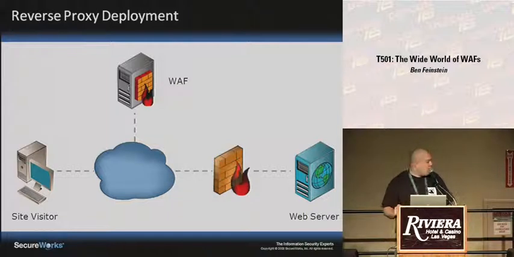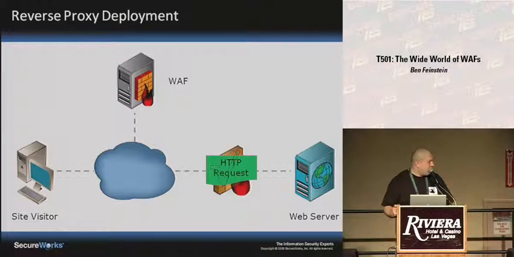Now, if you go through the WAF, you're going to see the request hit the WAF. It says OK. It's going to regenerate a request. It's going to go back through the internet, through your firewall. It's okay, it's coming from the WAF. It's authorized, so your firewall is going to let it through.